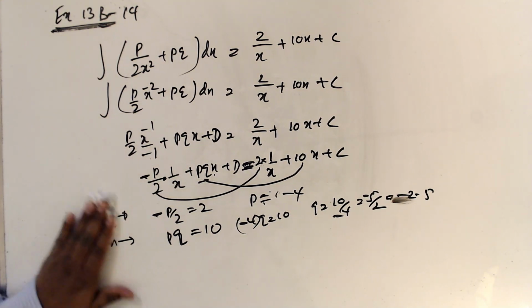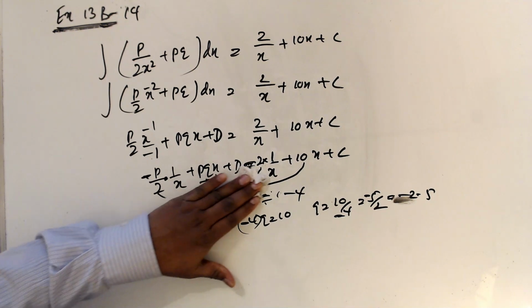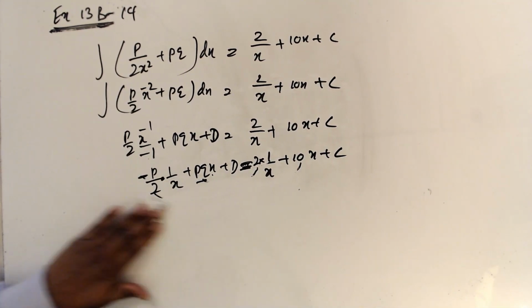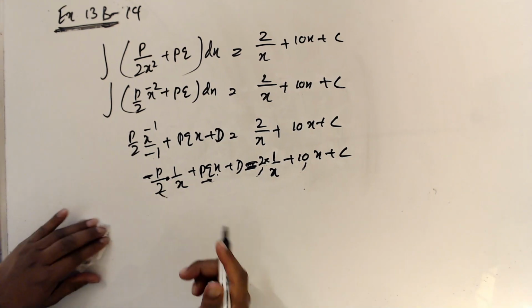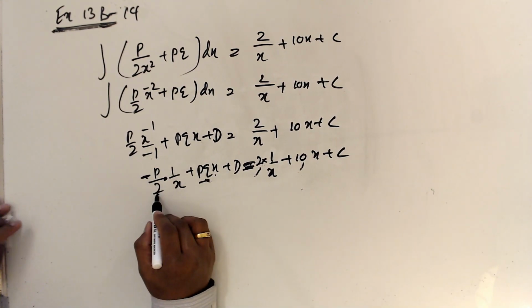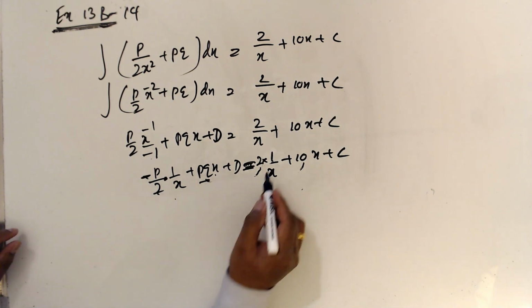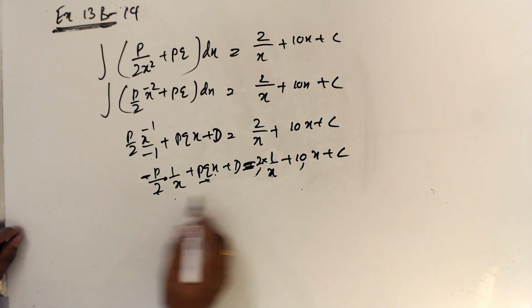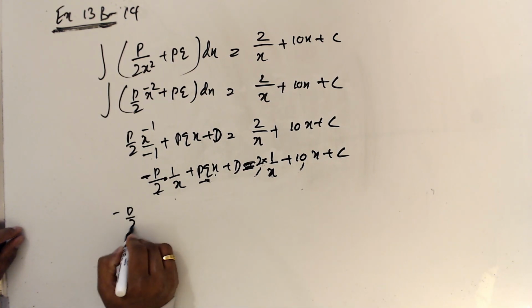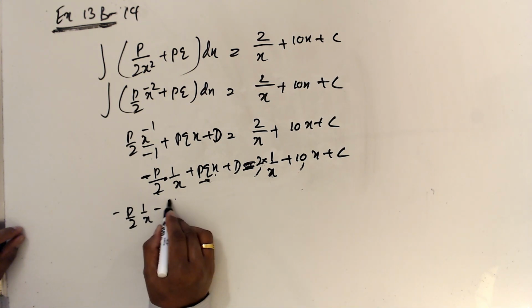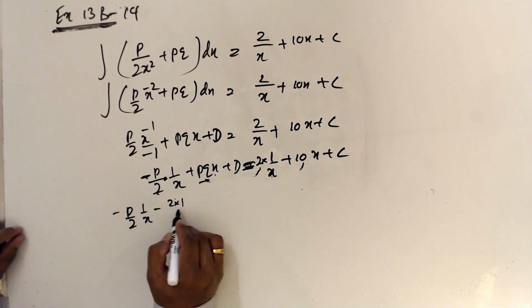I'll show a different argument. It's good for the brain. This is minus p over 2 times 1 over x, this is 2 times 1 over x.